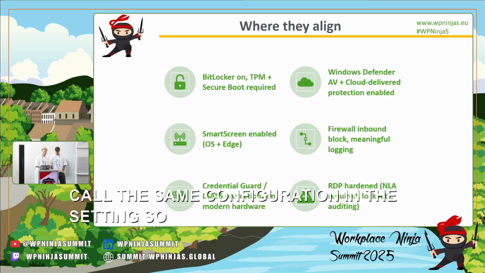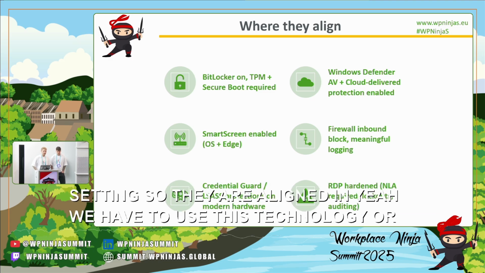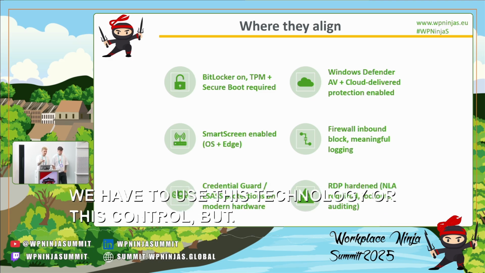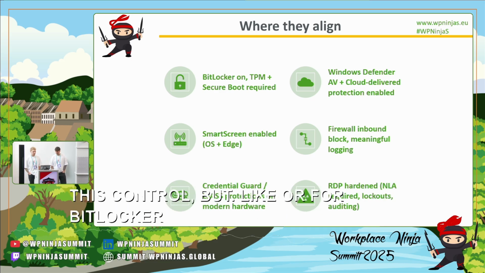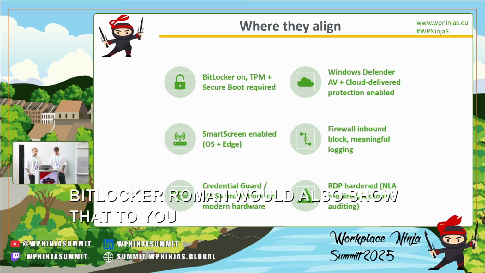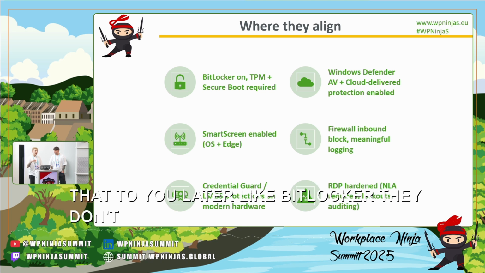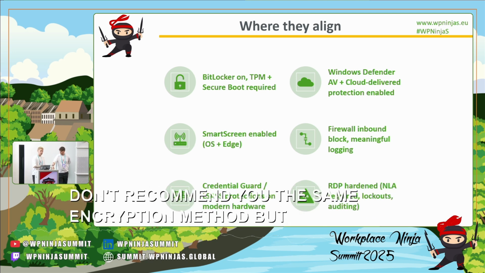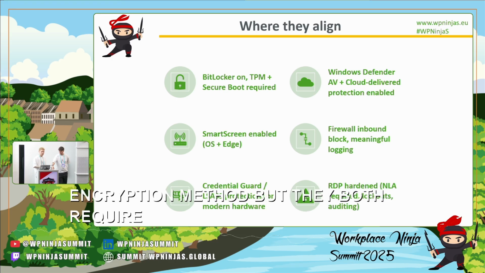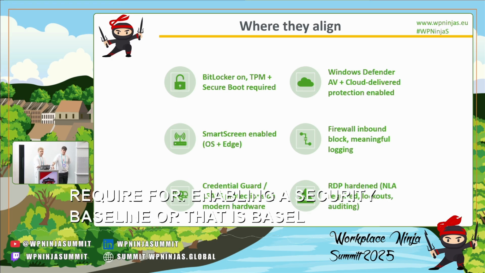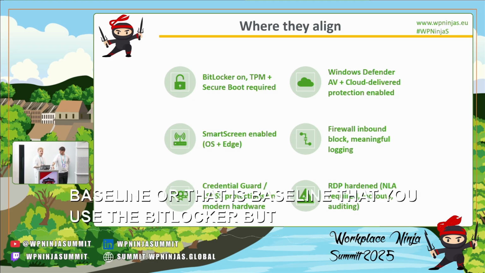So they are aligned in that we have to use this technology or this control, but for BitLocker, Roman will also show that to you later. They don't recommend the same encryption method, but they both require that you use BitLocker, not how you have to use it.